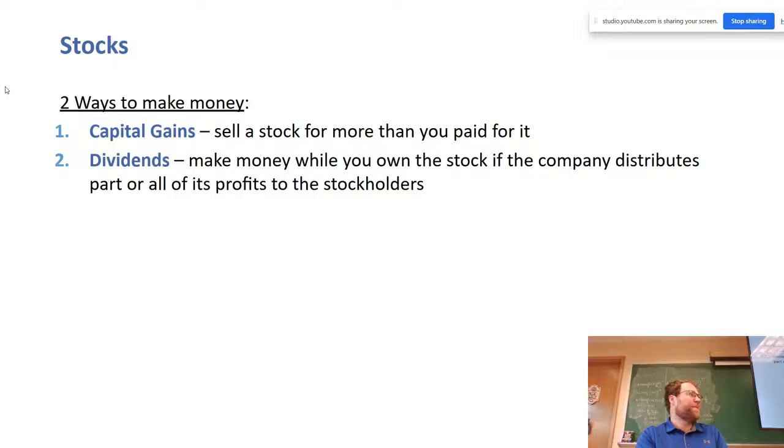And there's 2 ways to make money at stocks. Capital gains, which is the profit that you make, essentially, or dividends, which is when that company decides to reward the people who own shares of their stock.